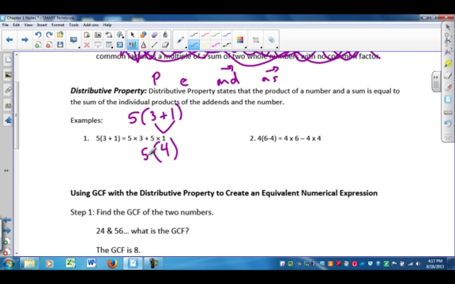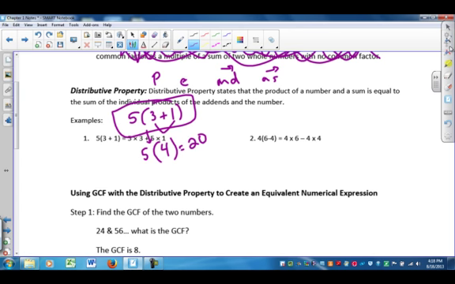And anytime you see a number touching a parentheses like that, that means multiply. So then you know that 5 times 4 equals 20. That's the way you would solve that problem. You would do the parentheses first, and then you would multiply what's on the outside.